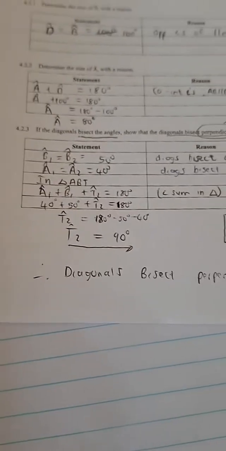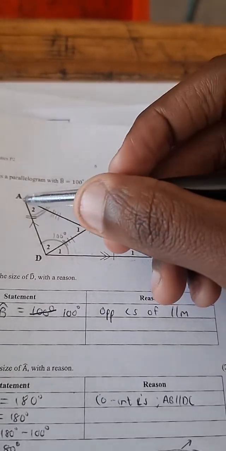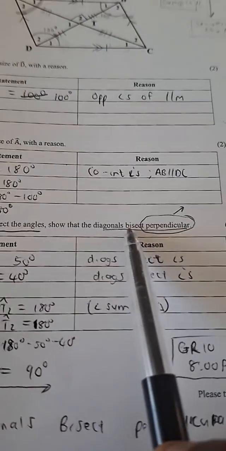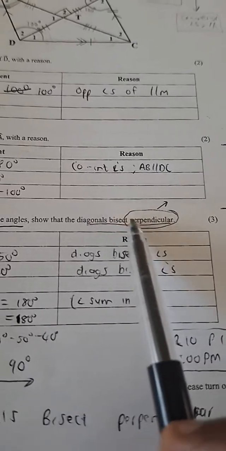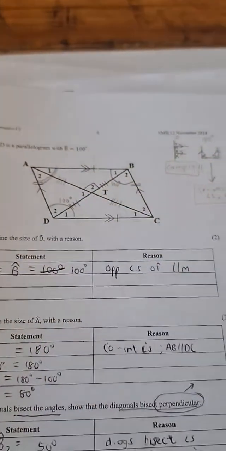Okay. All right. Any questions? Okay. The minute T2 is 90, guys, you know for a fact that it means that this line is perpendicular to that one. So indeed, we are supporting that the diagonals do bisect by virtue of this being a parallelogram. They bisect.